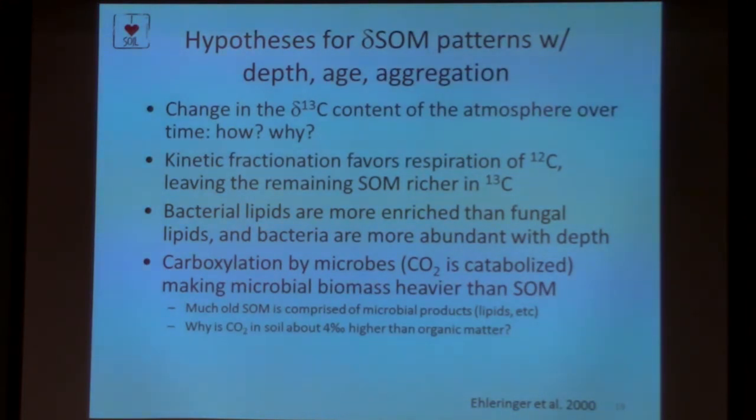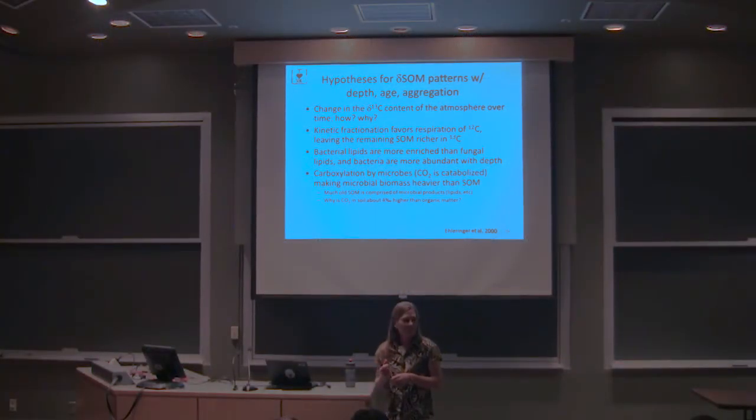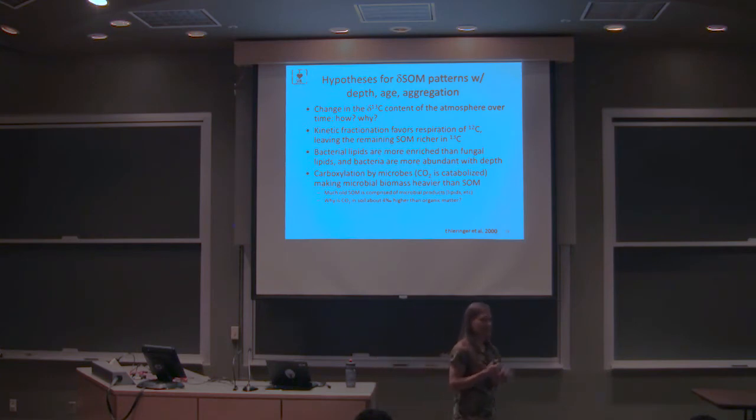And so one explanation is because the delta C13 content of the atmosphere has been changing over time. Okay, so we're just talking about the delta C14. What about C13 and the CO2 of the atmosphere? It's decreasing, right. It's decreasing because of fossil fuel burning, exactly. And so what does that mean about the older soil organic matter?